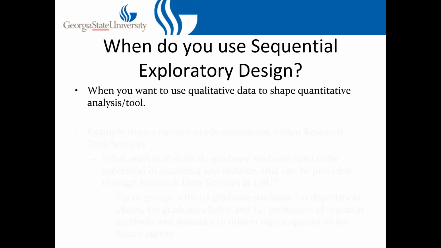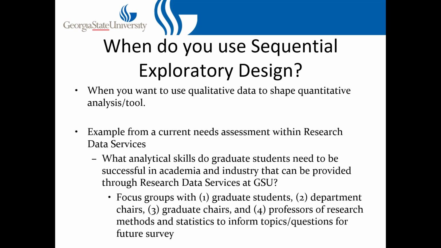And an example of some work that I've done is with the Research Data Services Group. We're really interested in what analytical skills graduate students need to be successful in academia and industry that can be provided through research data services at Georgia State University. So we wanted to first talk with graduate students and ask what they felt like they needed to be successful in academia and industry.